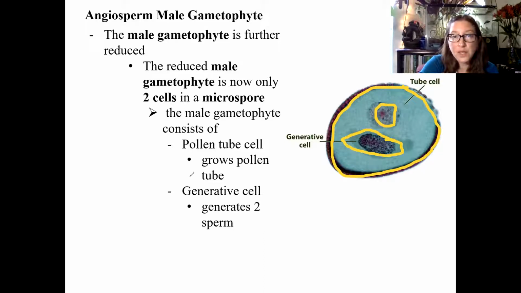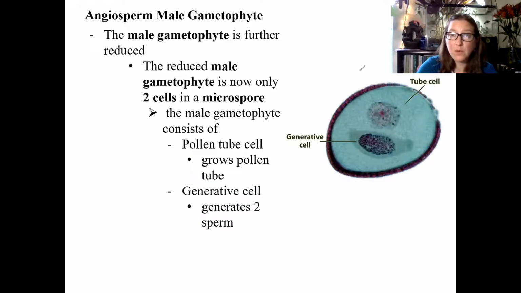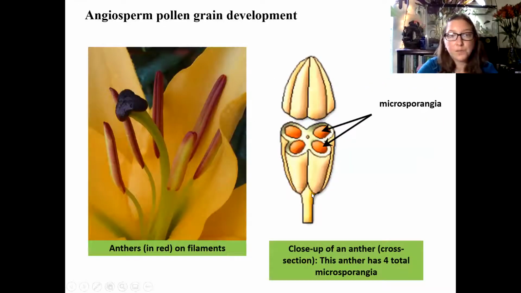The pollen tube cell is going to grow a pollen tube down the style of the pistil/carpel. And once that pollen tube grows down, this generative cell is going to generate 2 sperm that will each be fighting to fertilize the egg.